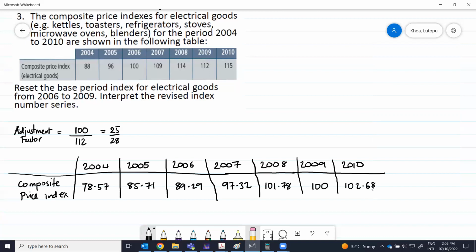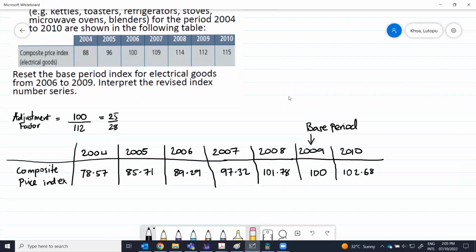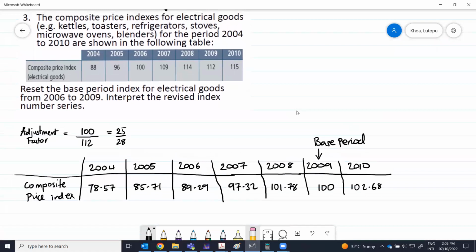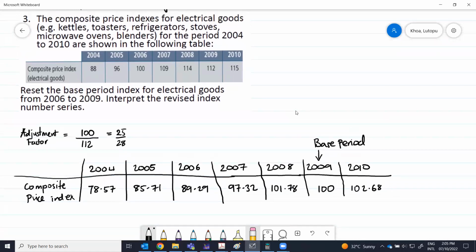Okay, so these are our new price indexes, and the base year or the base period is now 2009. So interpret the results or what this means.